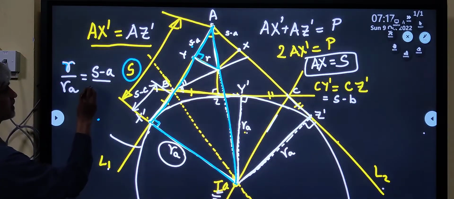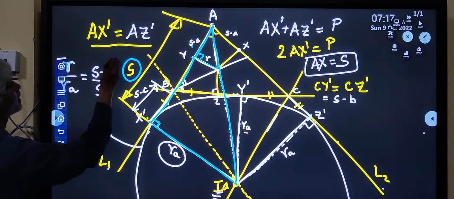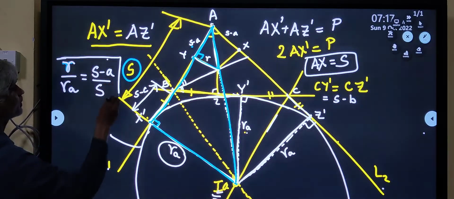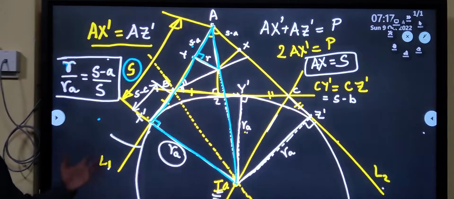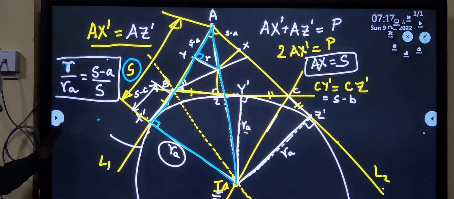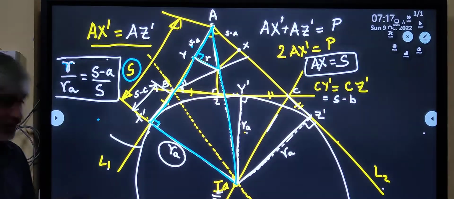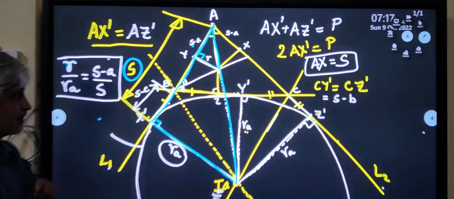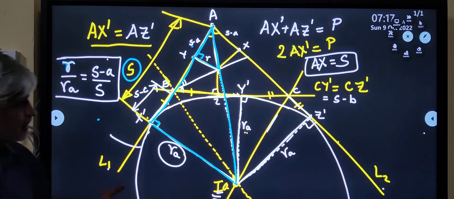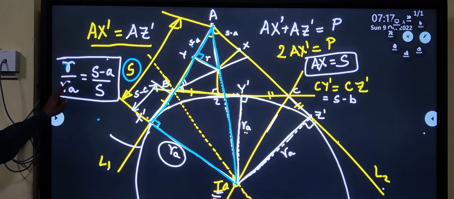So everything is on the picture, and this is the formula that I am really gunning for, and I am done. I hope that it wasn't too bad, and in the worst possible case, you can go back to the book, but this is the real formula that we are looking for.